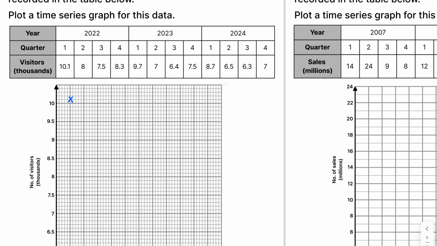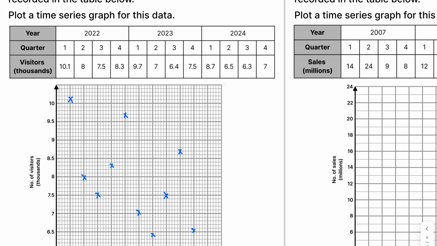The next one is 2 and 8, so that would be there. The next one is 3 and 7.5, so that would be there. Next one is 4 and 8.3. The next one, moving on to 2023, is 1 and 9.7. In 2023, it is 2 and 7, 3 and 6.4, 4 and 7.5, and then 1 and 8.7, 2 and 6.5, 3 and 6.3.